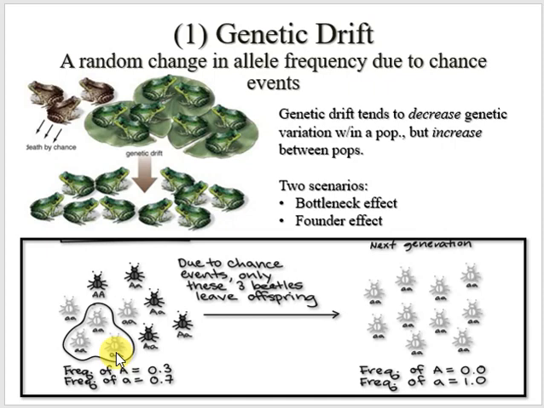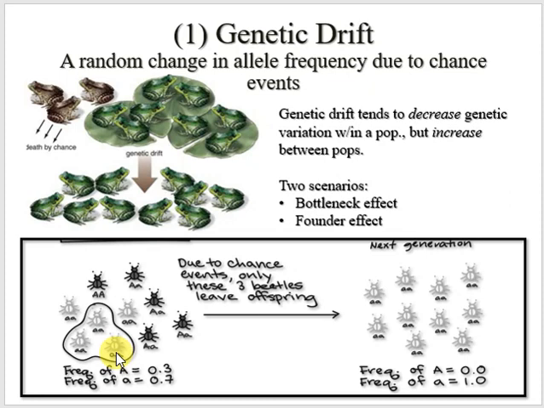Now, one thing to note, to make sure you don't get confused on, yes, genetic drift plays a major factor in evolution. Yes, it's a major factor causing evolution, especially when you have the division of populations. But the process itself does not involve natural selection, right?